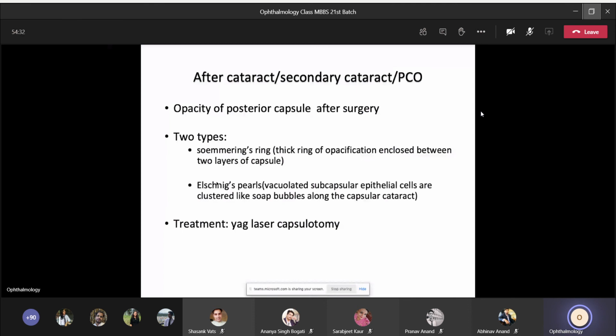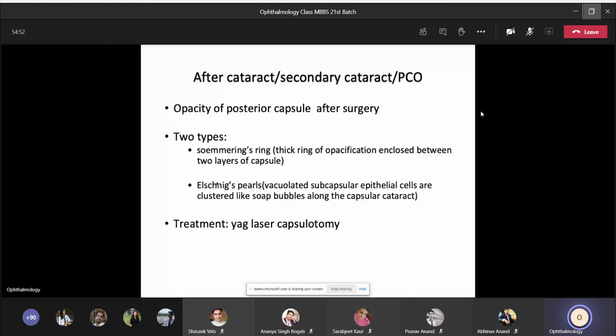This leads to posterior capsular opacification, and there are two types. One is the Soemmerring ring type, a thick ring of opacification formed between the anterior and posterior capsule.